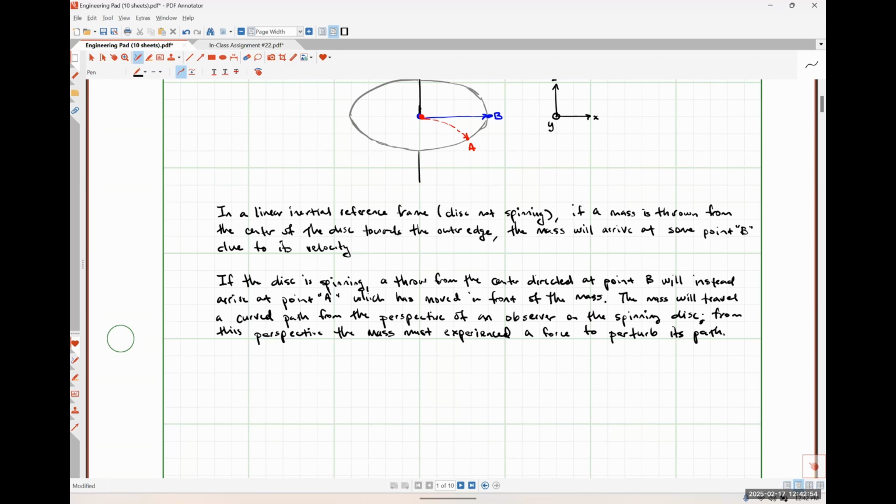So this is where things get interesting, because it's not really a physical force that's doing anything. It's just a force that appears like it's doing something because we're in a rotating frame of reference, right?